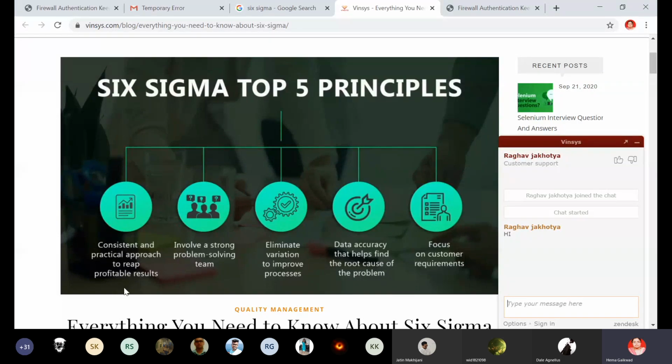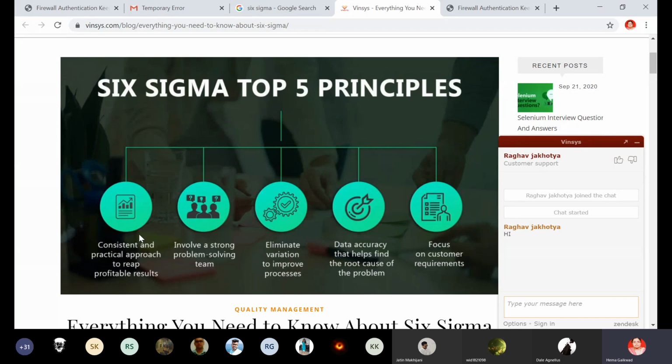The first one is a consistent and practical approach to reap profitable results, then involve a strong problem solving team, then eliminate variations to improve processes. The fourth one is data accuracy that helps find the root cause of the problem, and the fifth one is focus on customer requirements.